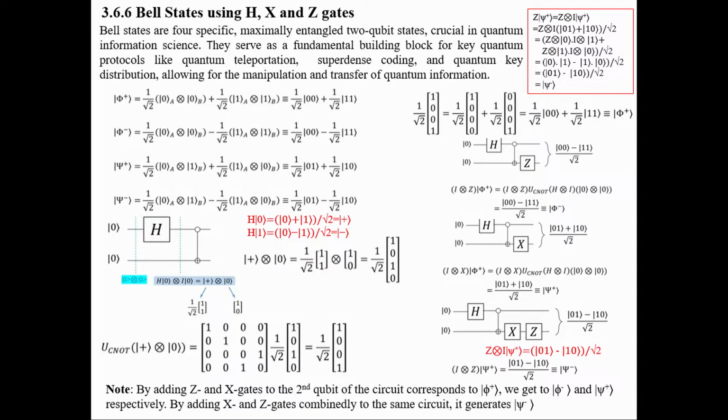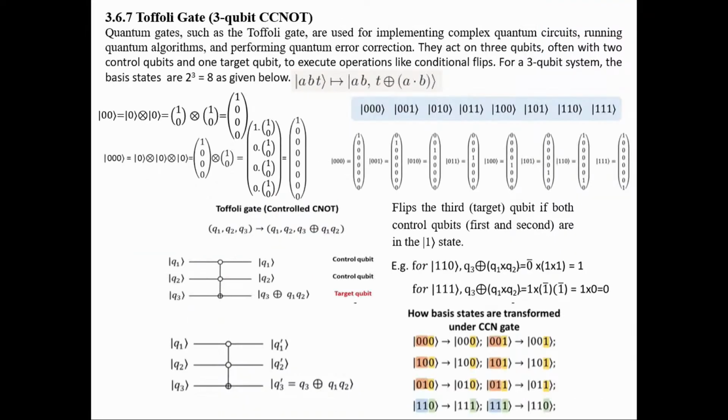Okay, so this is a 3-qubit system. In this, the first two are control gates, and the last one is the target one. When the first two are ones, then only the target qubit will change from 0 to 1 or 1 to 0.